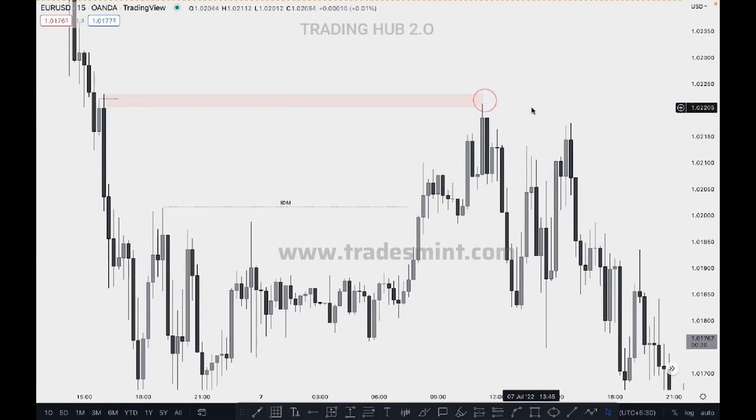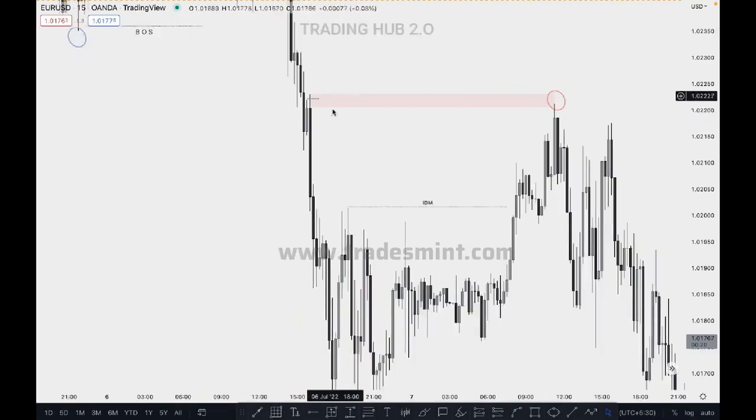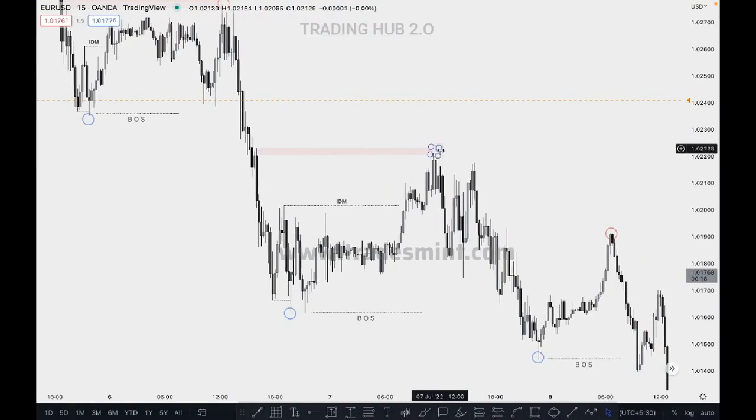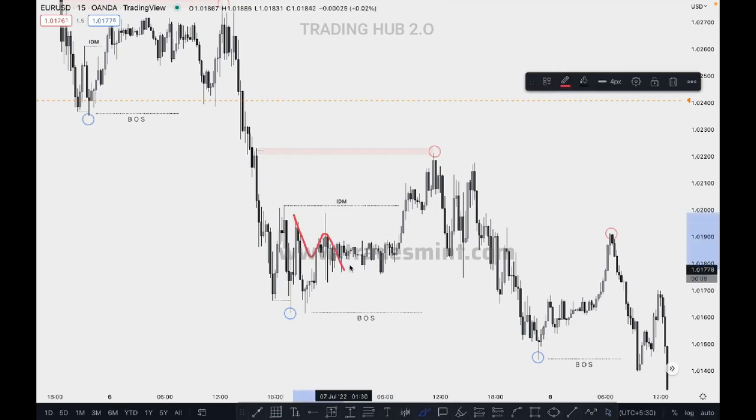At this point we can switch into the M1 chart to see exactly what the market is giving you. Once the market taps on this supply zone, you can switch into the M1 at this point, not here. A lot of times the market changes from bullish to bearish, bearish to bullish in the M1 time frame.